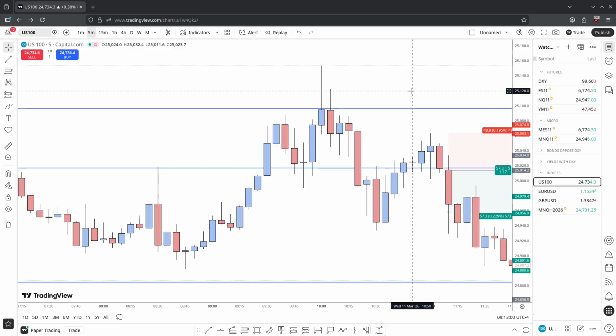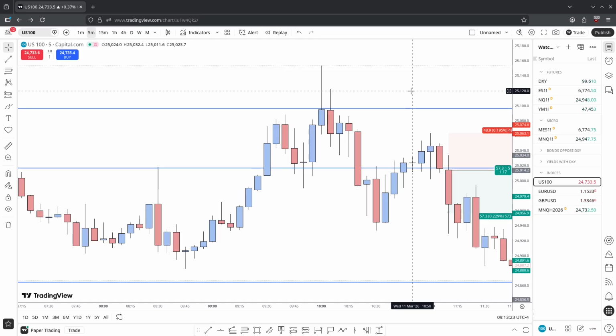Remember what happens if price took the high, but we closed above the high. What do I need to do? In the next candle, I need to wait for price to give me a bearish closure back inside the range.